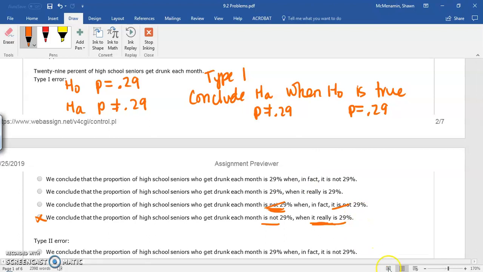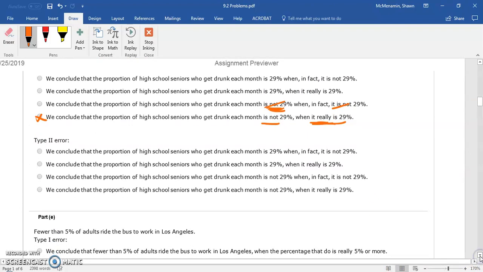A type 2 error is if we conclude H naught when HA is true. So you're failing to reject the null when the null is false.